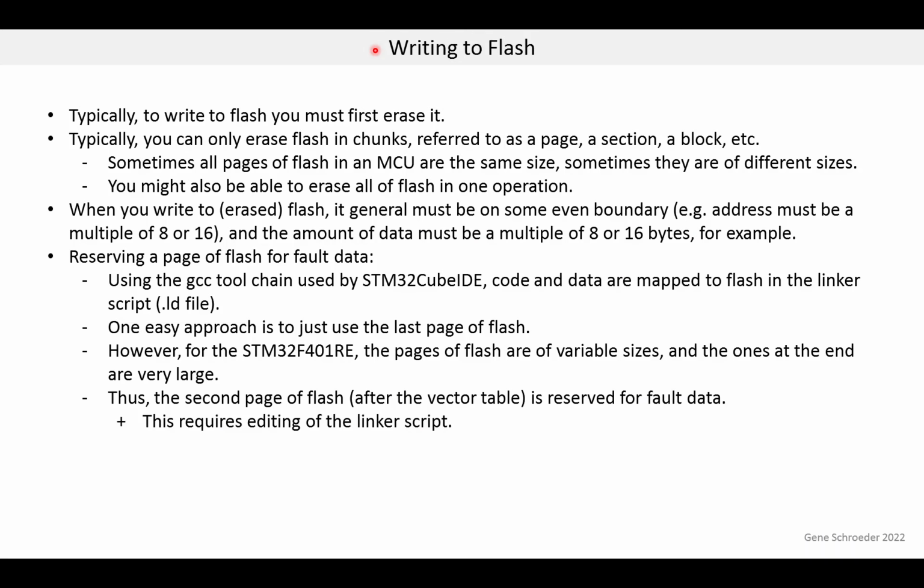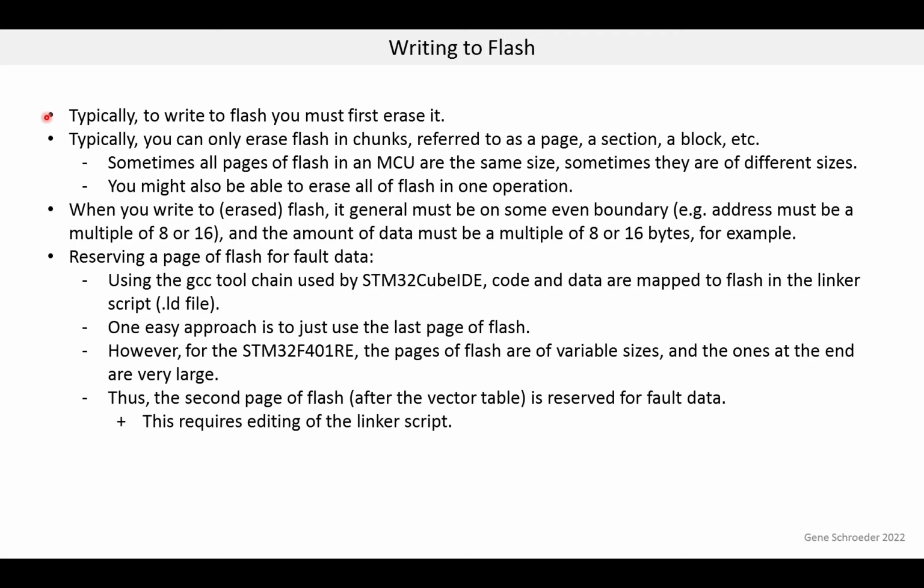Here I have a few notes about writing to Flash. Now this topic is sort of outside the main scope of this course, so I don't want to spend too much time on it, but we do write to Flash, so I need to cover it. And the Flash code is put in its own module, in case I ever want to use it for something else. So I want to point out as well that this discussion is specific to the STM32 MCUs I have worked with.